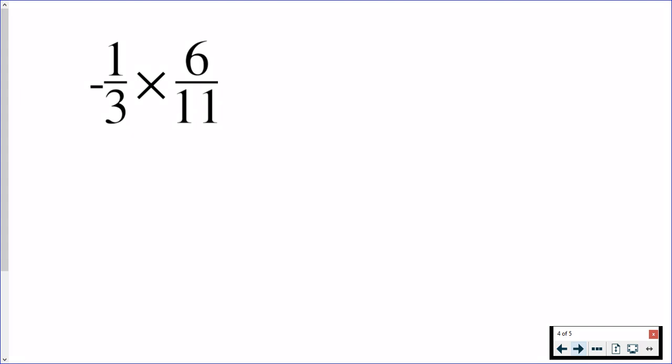So there's a 6 somewhere in the numerators, there's a 3 somewhere in the denominators. Well, 3 and 6 are both divisible by 3. So I'm actually going to start this problem by dividing them both by 3.